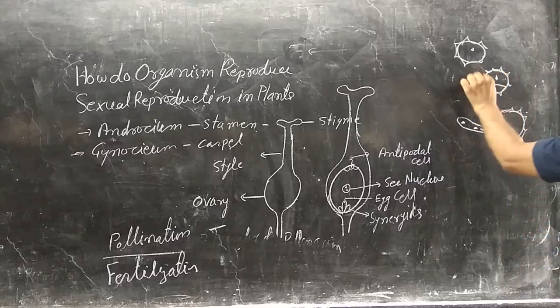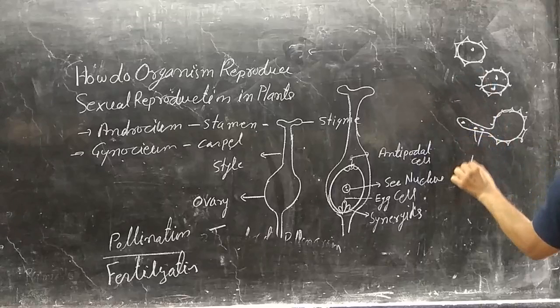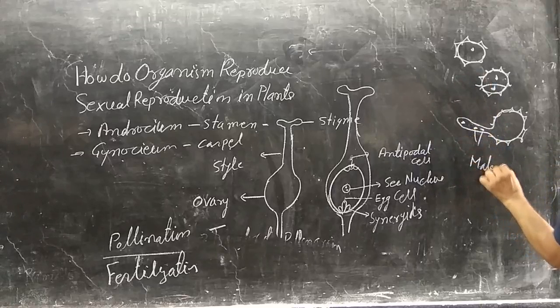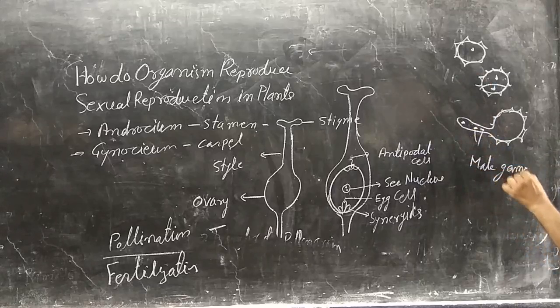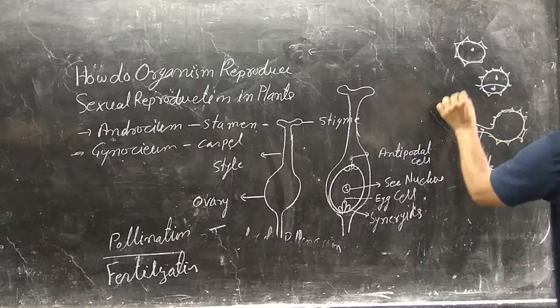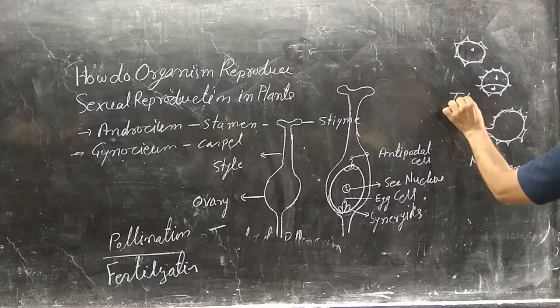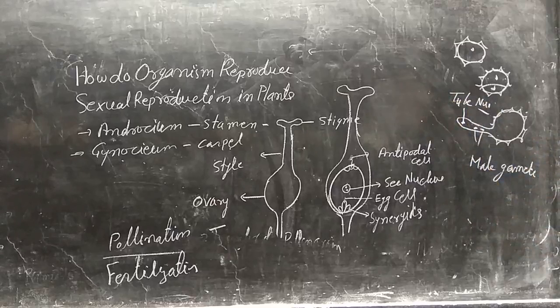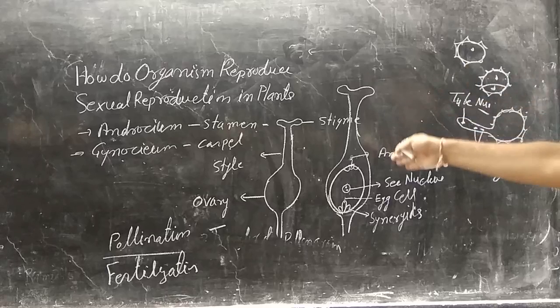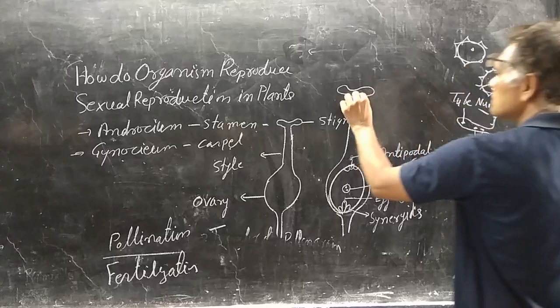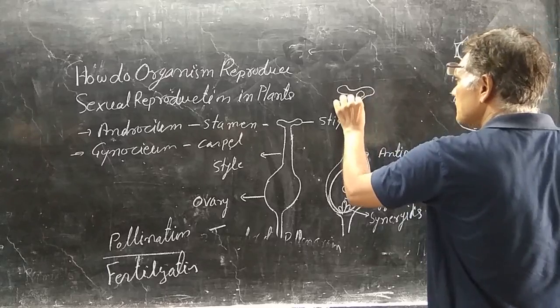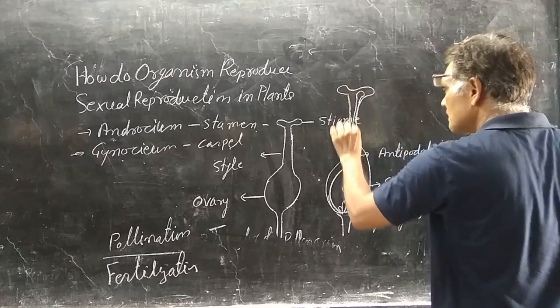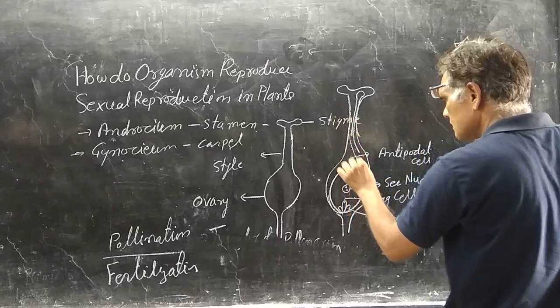This is the tube nucleus, and the other two are male gametes. Whenever this pollen grain is transferred onto the stigma through pollination, it germinates to form the pollen tube towards the egg cell.